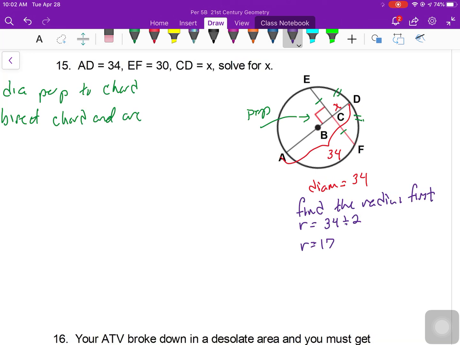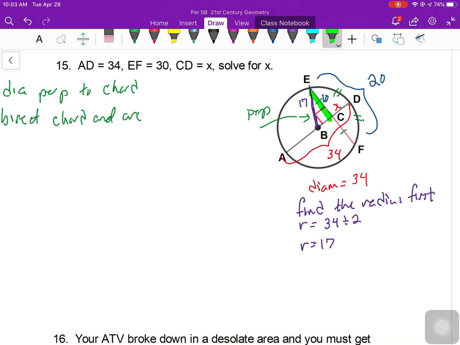And the reason I think that's going to be so helpful is I can draw in a radius that goes from B to E. So that's my radius right there. That's 17. And because they gave me the length from E to F was 20, I think I know this piece right here.